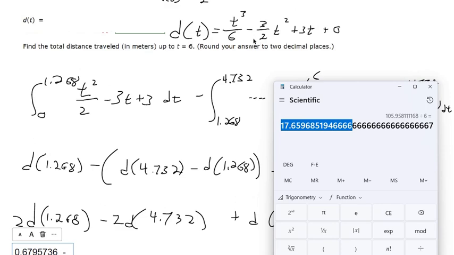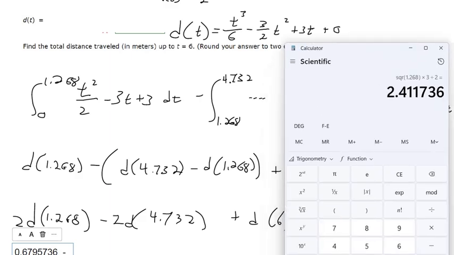I'm just using the d of t formula up here. Did I use that correctly? I don't know if I used it correctly for the first one. Let me check. D to the third over 6. I don't think I did. 1.268 squared times 3 divided by 2. I want to subtract that from the previous result.